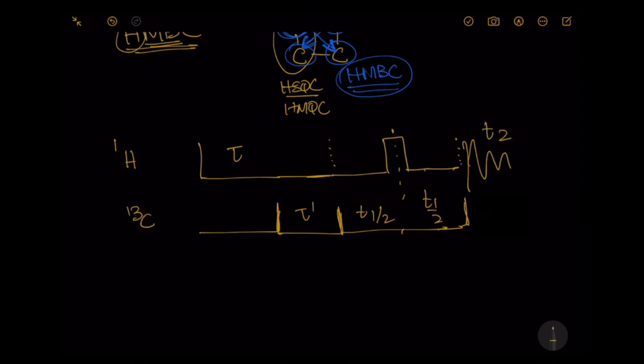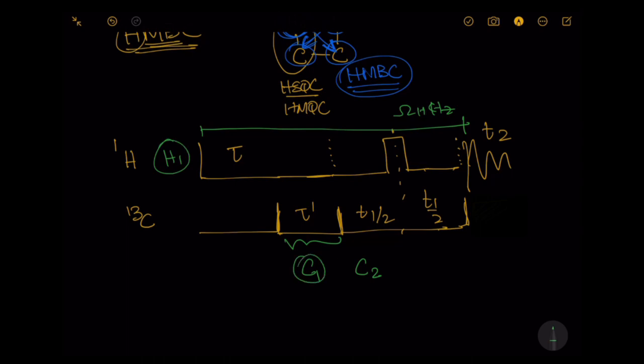Although you might be a little confused, just for the sake of simplicity, you don't have to worry about proton chemical shift evolution the entire duration. Although I'm ready to accept that it's not even on both sides, we'll discuss later why that is the case. The other point to keep in mind is that now you have two carbons, let's say C1 and C2, where you have H1 to start with.